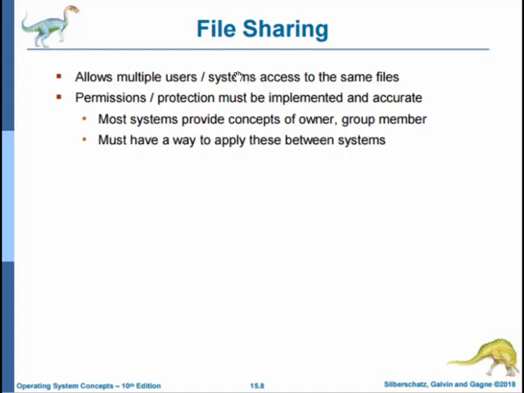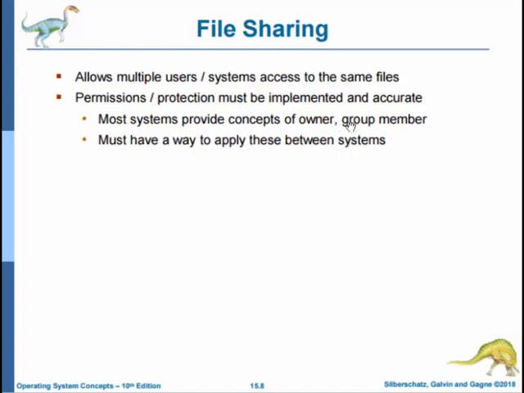Now, to implement sharing and protection, the system must maintain more file and directory attributes than are needed on a single-user system. Although many approaches have been taken to meet this requirement, most systems have evolved to use the concepts of file or directory owner and user group. The owner is the user who can change the attributes and grant access, and who has the most control over the file.